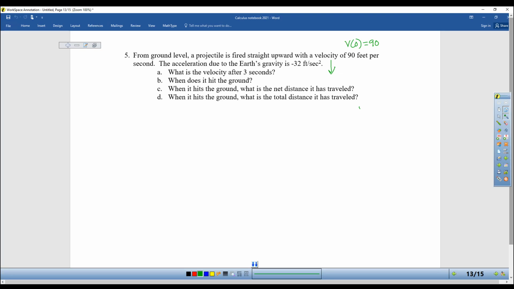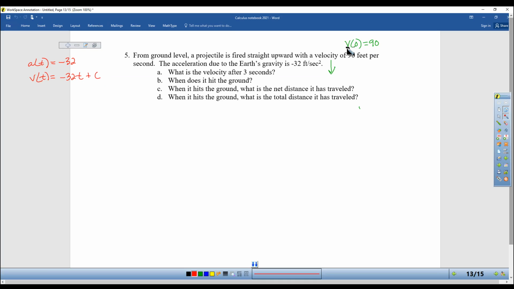So personally, I know I said this right in the beginning and then didn't do it for all three problems, but if I have something like this, I definitely start with just getting my equations. So acceleration, there's nothing else on it except negative 32. That's it. So my velocity, if I integrate, is negative 32t plus c.